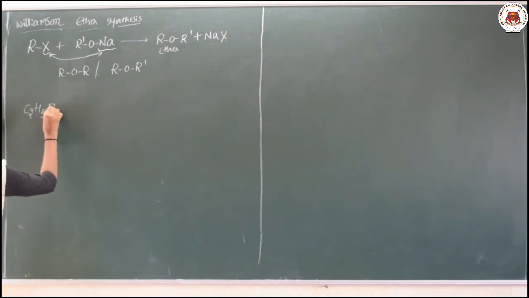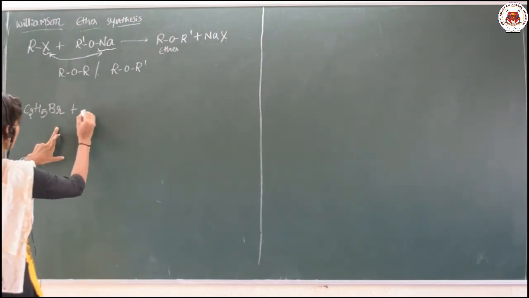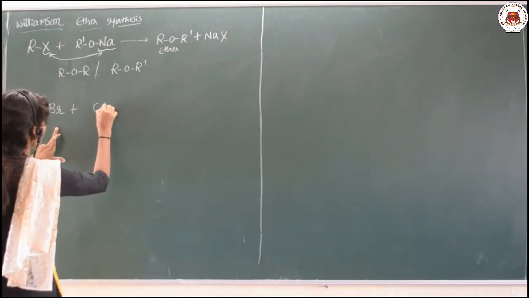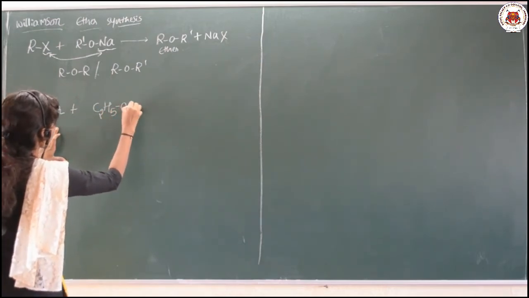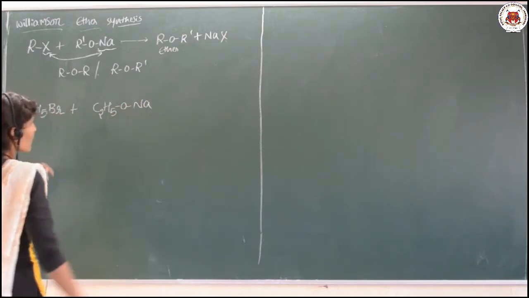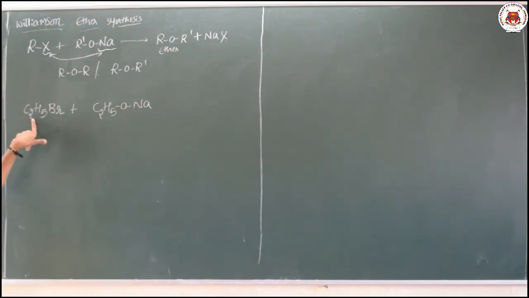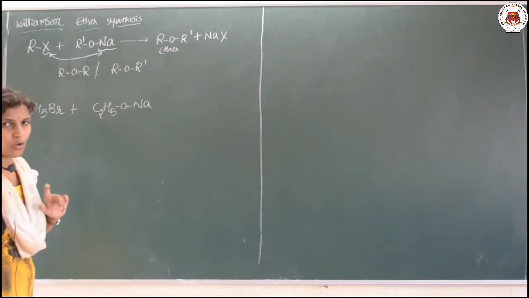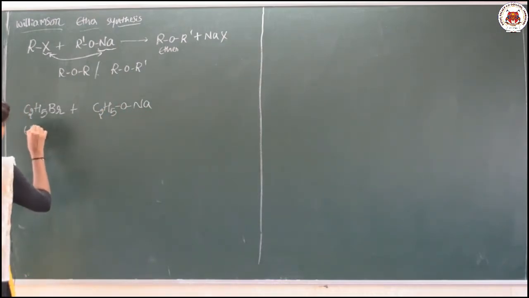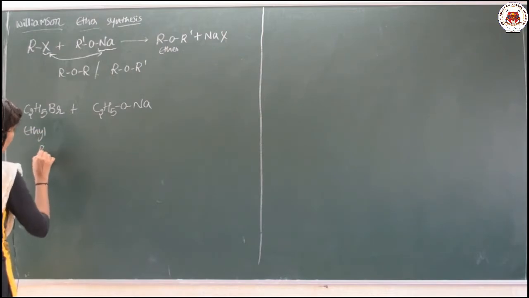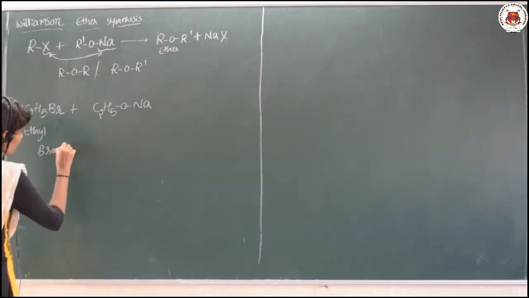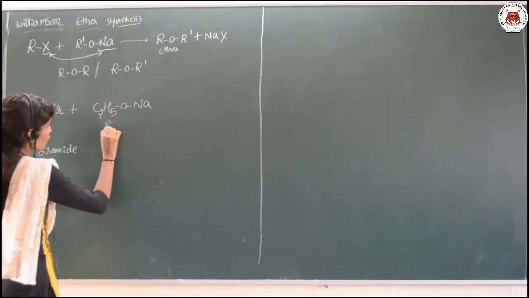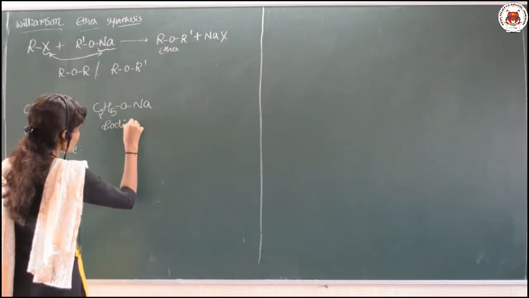Let me take ethyl bromide, which reacts with sodium ethoxide. This is the ethyl bromide and sodium ethoxide.